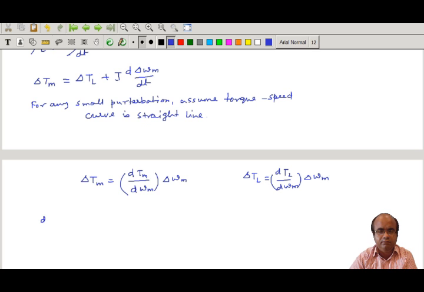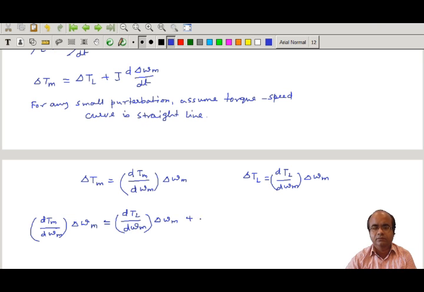Now if I put these two values in the previous equation, we can write dTm by d omega m delta omega m equals dTL by d omega m delta omega m plus J d delta omega m dt.